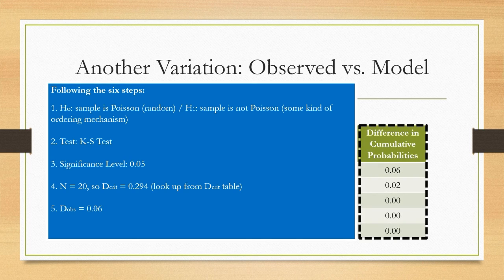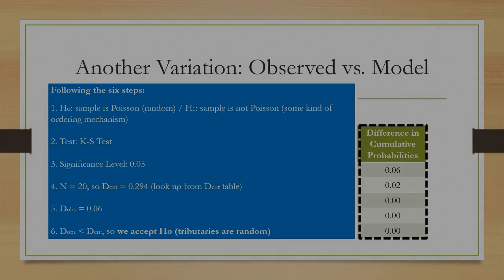Our D observed, we're just seeing from the data, is 0.06, and therefore at the end, because D observed is less than D critical, we accept our null hypothesis, and we state with statistical confidence at the 0.05 level that the tributary spacing or distribution along the river is random.